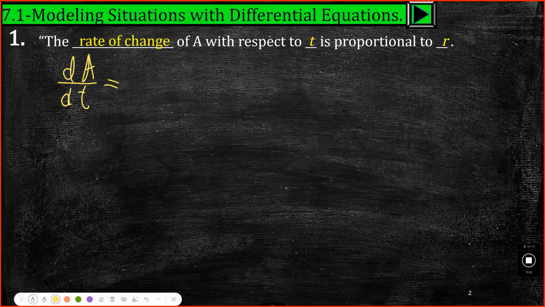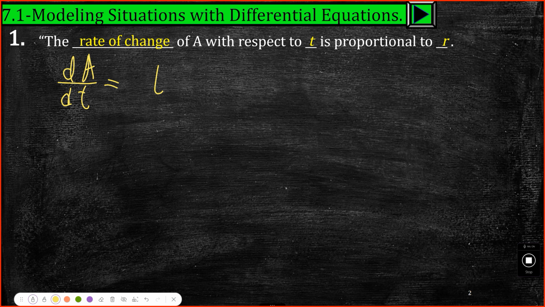The rate of change of A with respect to t is proportional to R. Proportional means that A gets bigger because R gets bigger as time changes, or the area gets smaller if R gets smaller.